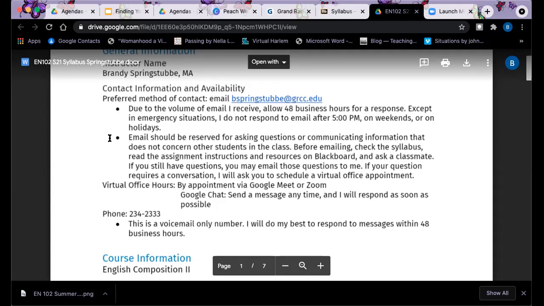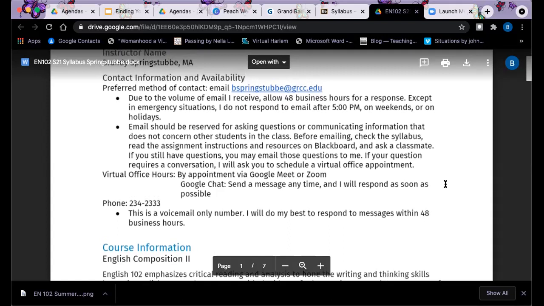Right. So when you do email, make sure you're emailing about things that you need to email about. If the information is already on Blackboard, if it's in the weekly agenda, if it's in the syllabus, you don't need to ask for that information. It's already been given to you. Now, if you don't understand the information that's been given, that is something you should email about.